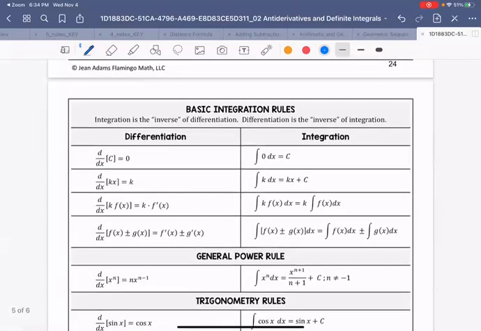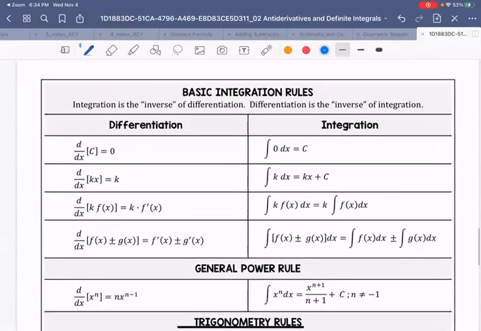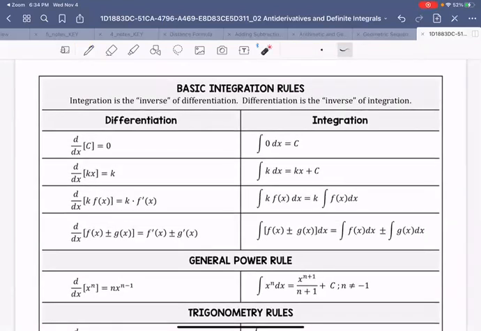Now let's do the basic integration rules, okay? You can see here, if you have a constant value, the derivative of a constant is 0. That's why if you have 0, this guy corresponds to C. I never see this guy equal to C. No, this guy equals 1, which corresponds to the derivative of x. So x derivative is 1.